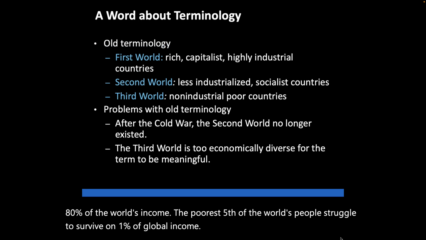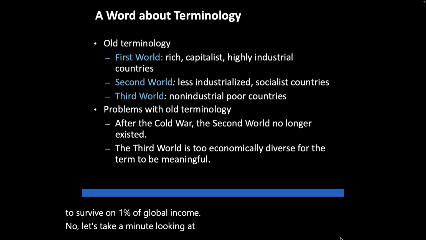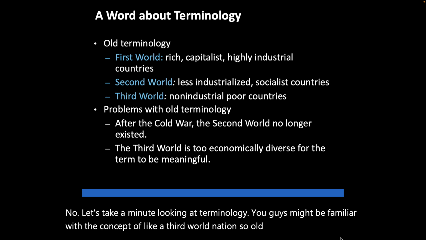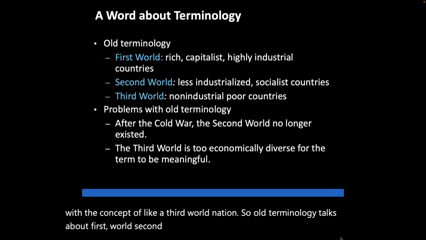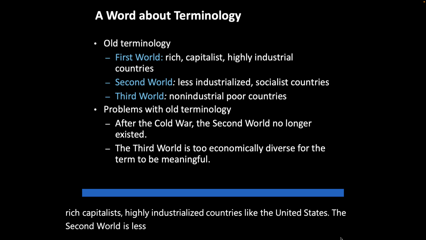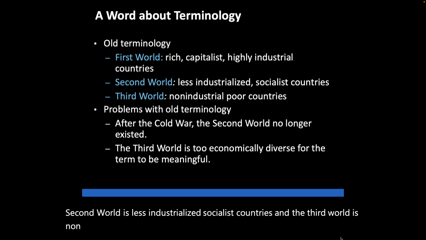Now let's take a minute looking at terminology. You might be familiar with the concept of a third world nation. Old terminology talks about first world, second world, and third world countries. The first world are rich, capitalist, highly industrialized countries like the United States. The second world is less industrialized socialist countries, and the third world is non-industrialized poor countries.